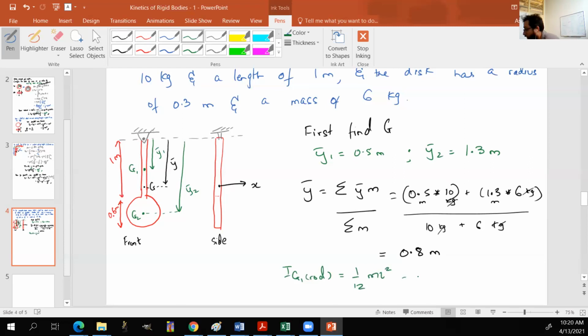So that's just 10 times 1 squared divided by 12. So that's equal to 0.833. And what's the units of rotational inertia? Is it kilogram meter squared? Absolutely. Kilogram meter squared.